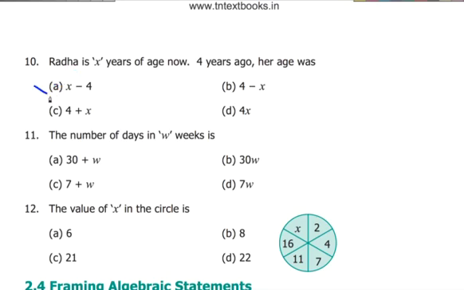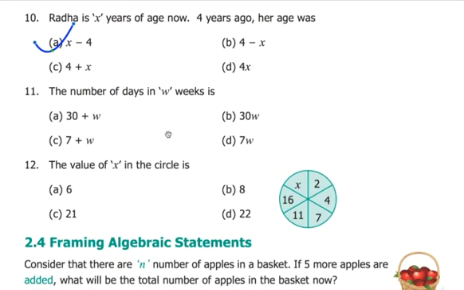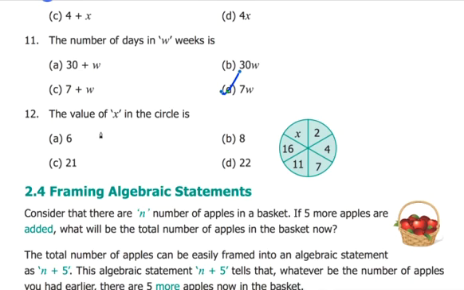Okay. The number of days in W weeks is 7W. The value of x in the circle is 2, 4, 2 plus 2, 4, 4 plus 3, 7, 7 plus 4, 11, 11 plus 5, 16, 16 plus 6, 22. So this is the answer.